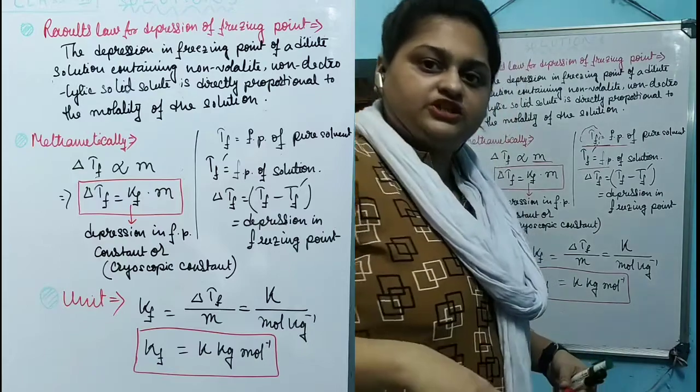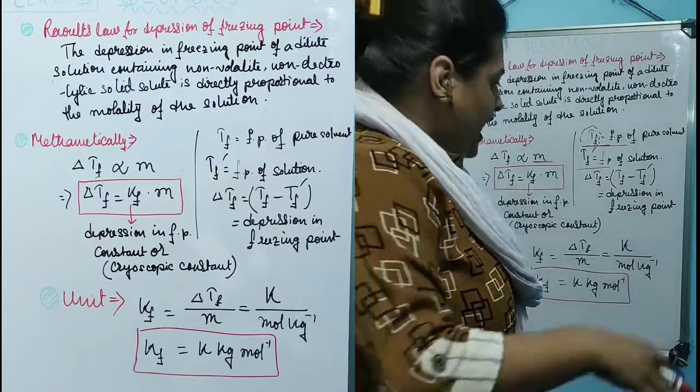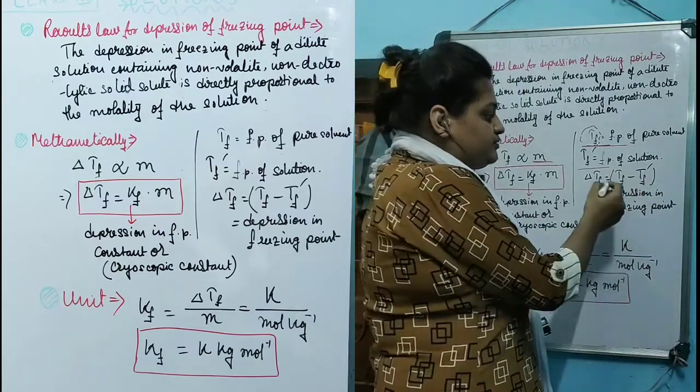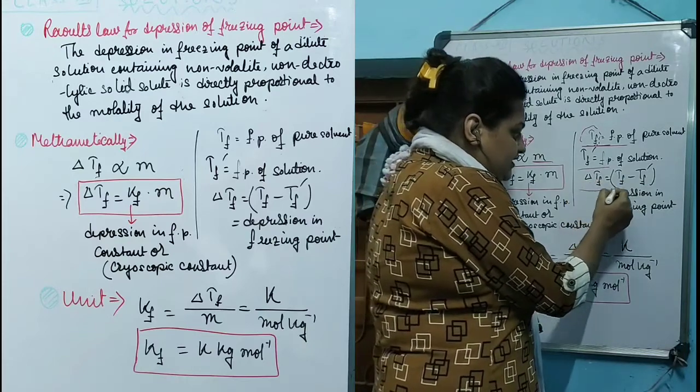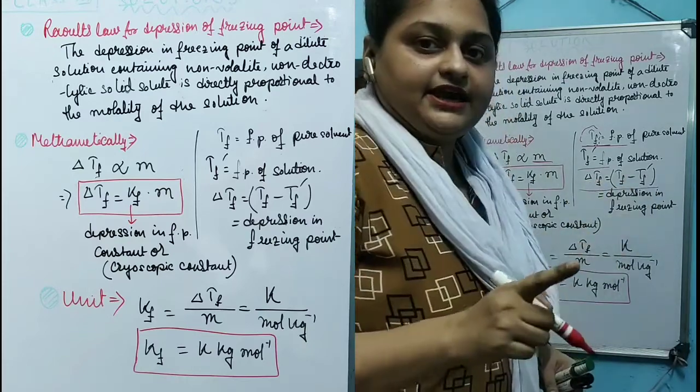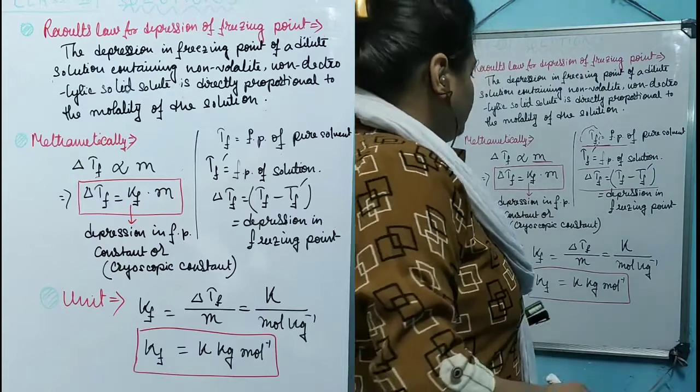Therefore, obviously depression in the freezing point has occurred, and the amount of depression in freezing point is given by delta Tf equals Tf minus Tf prime.